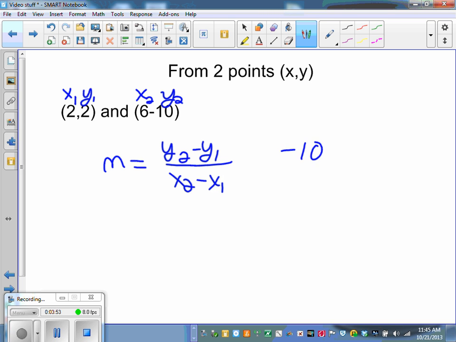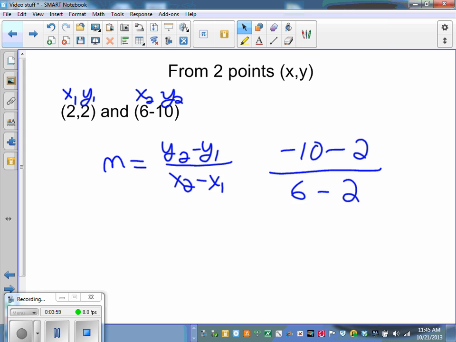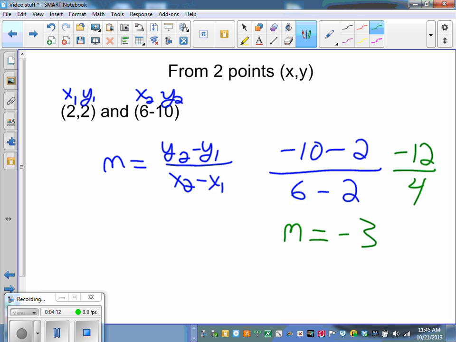So we're going to do negative 10 minus 2 over 6 minus 2. Now we're going to simplify and find out that my slope in this case is going to be negative 12 over 4, which is negative 3. My slope is negative 3.